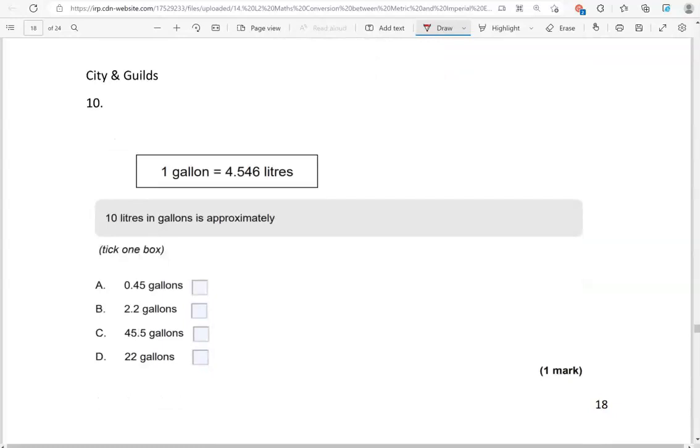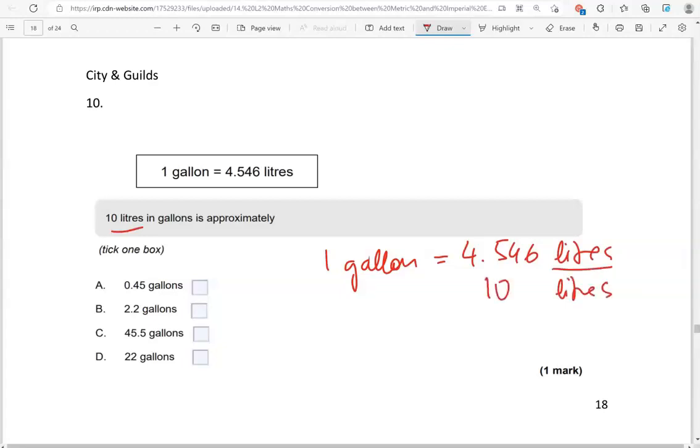1 gallon is equal to 4.546 liters. 10 liters in gallons is approximately 0.45 gallons, 2.2 gallons, 45.5 gallons, or 22 gallons. So we've got the ratio 1 gallon being equal to 4.546 liters. What about 10 liters? So under liters, we put 10. What do we multiply 4.546 by to get to 10?